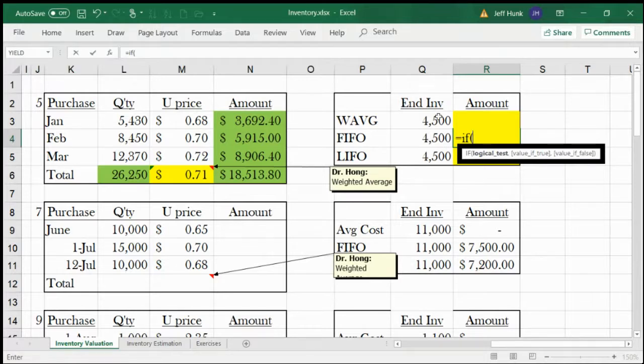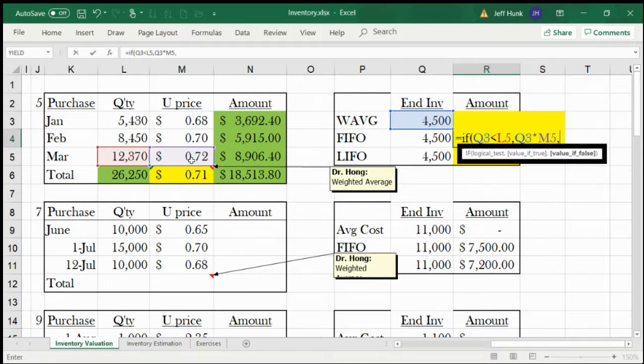Suppose this ending inventory is less than the March purchase, right? Well, there's no problem. Then all of this ending inventory can be multiplied by March price. It will be valued at March price.